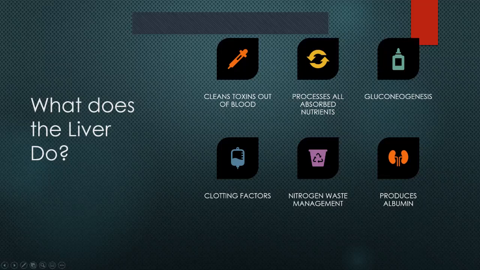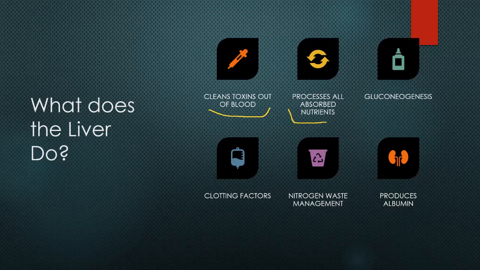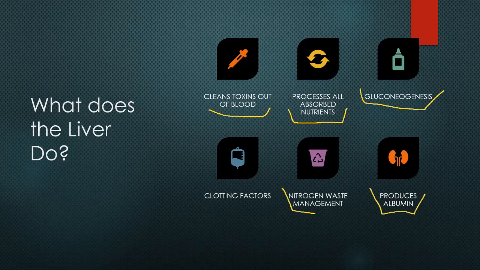But the kindergarten version here is that your liver's job is to clean toxins out of the blood and process all of the absorbed nutrients from your intestine. If needed, it can make glucose through gluconeogenesis, right, for the brain. It also makes albumin. It helps us get rid of nitrogen waste, and it helps with clotting factors.